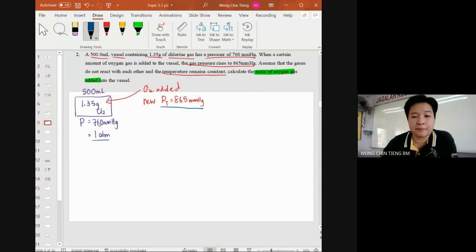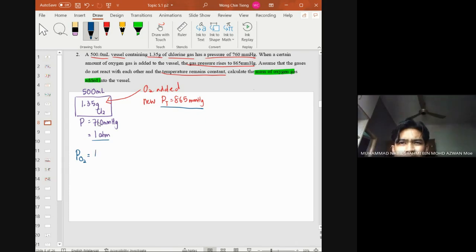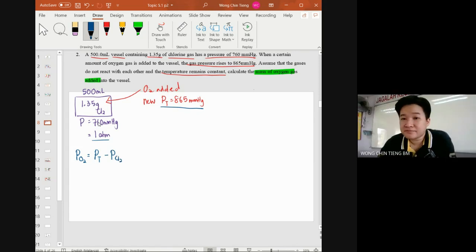PO2, kita boleh dapat PO2. So Nabil, nak cari PO2 macam mana? PT minus PCl2. Setuju kelas?